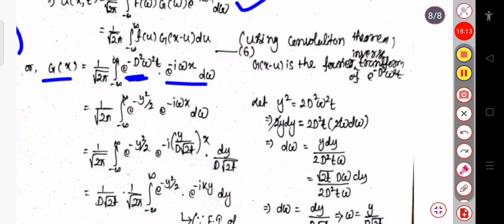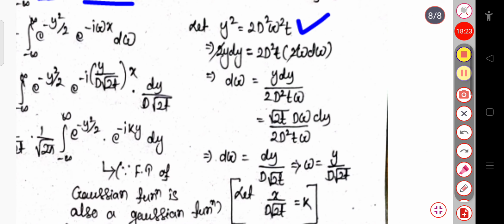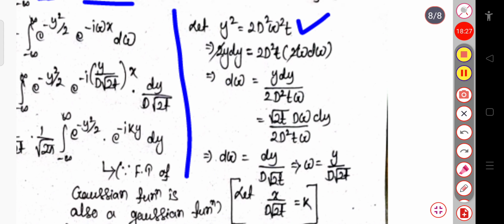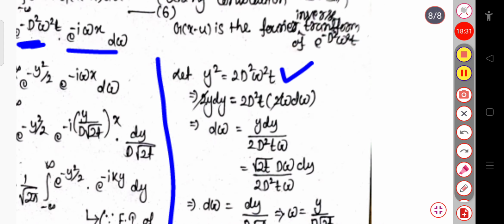This is the inverse Fourier transform. Here if I consider d square omega square t equal to y square, let me solve this part first. So 2y dy will be equal to, if I take the derivative of both sides, 2 d square t, which remains as it is, and the derivative of omega square is 2 omega into d omega.